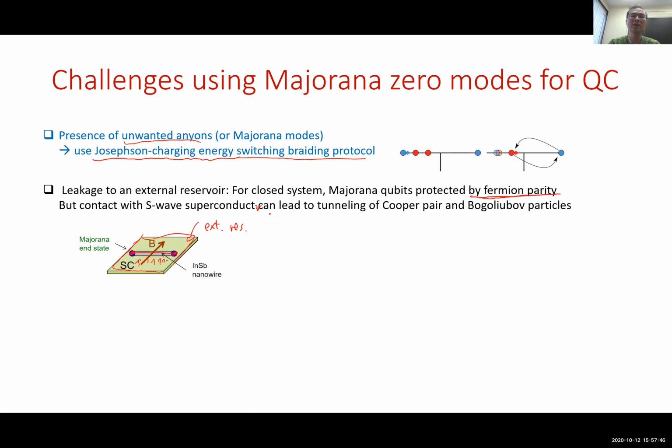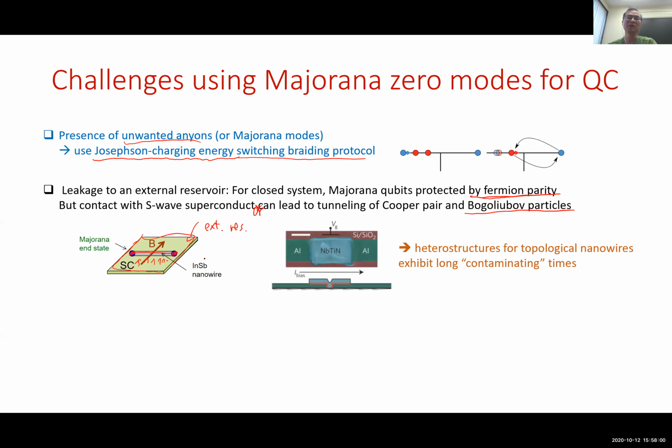This might lead to unwanted tunneling of excitations. Maybe additional fermions would tunnel in, and that would change your system in a way that you don't expect.